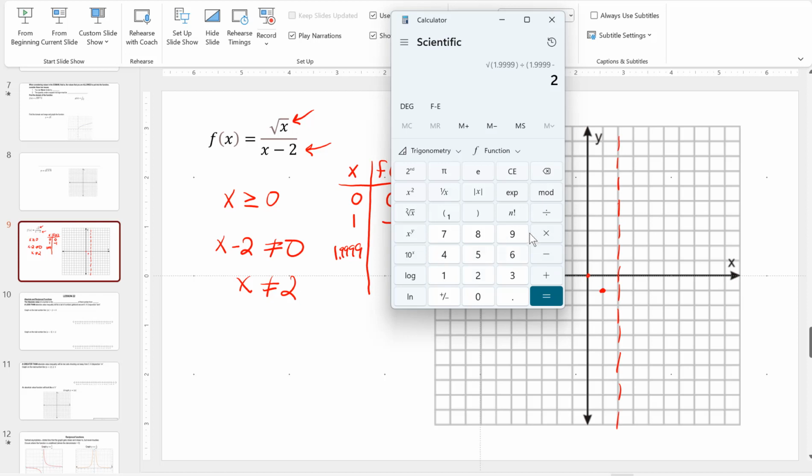I'm going to close the parentheses and see what that equals.